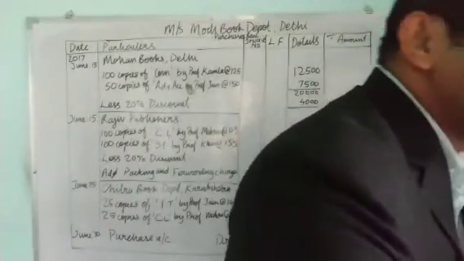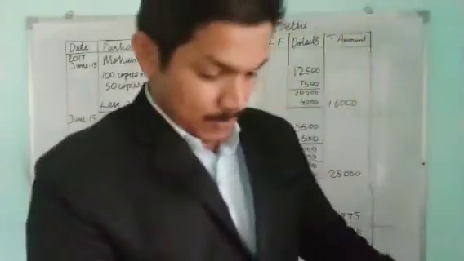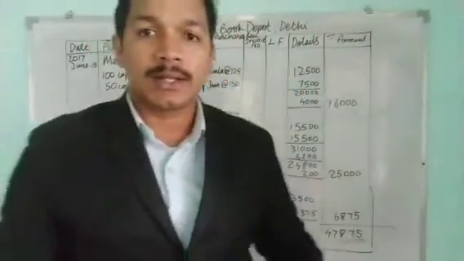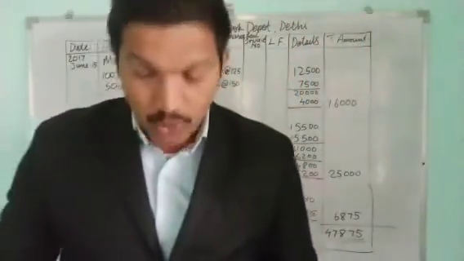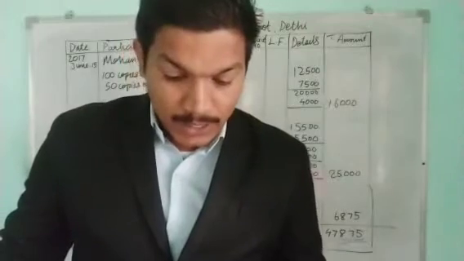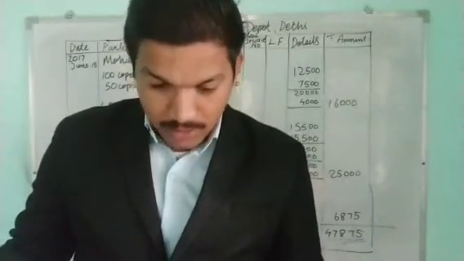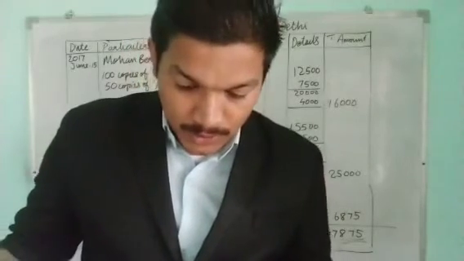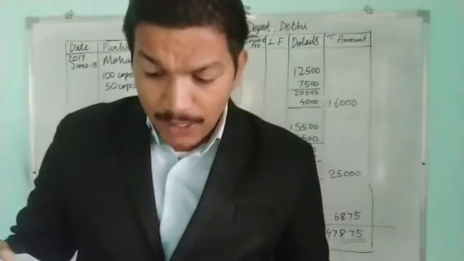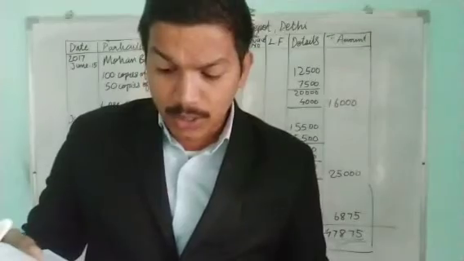Okay, so here we can say that there are some transactions which are not included in this one. Let us see what are some transactions which are not included. For example, the purchase of one typewriter worth rupees 5,000 from Akash Brothers.